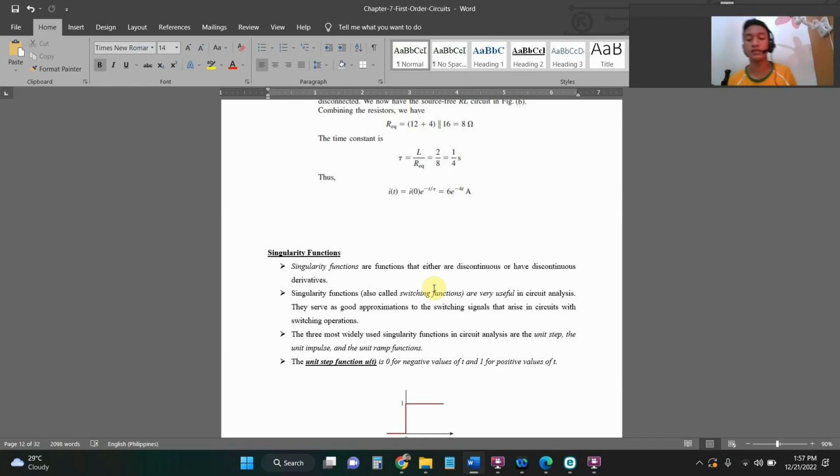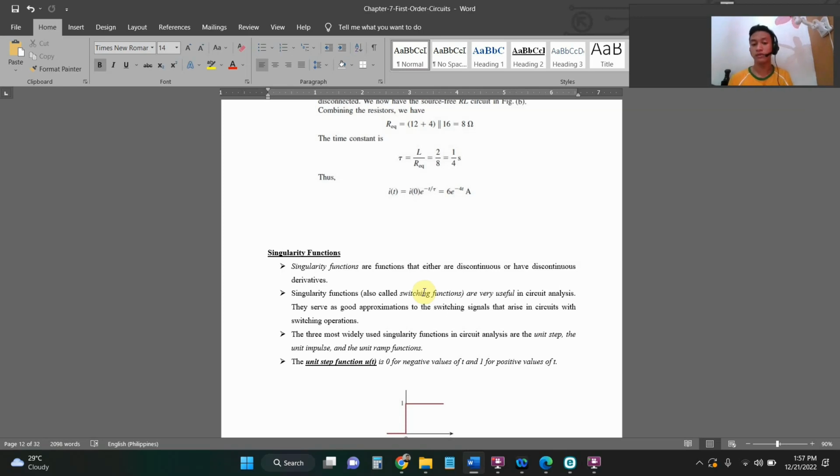They serve as a good approximation to the switching signals that arise in circuits with switching operations. There are three most widely used singularity functions in circuit analysis: the unit step, the unit impulse, and the unit ramp functions.